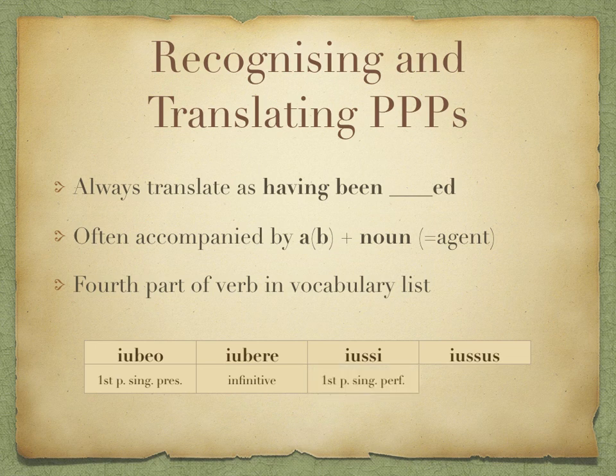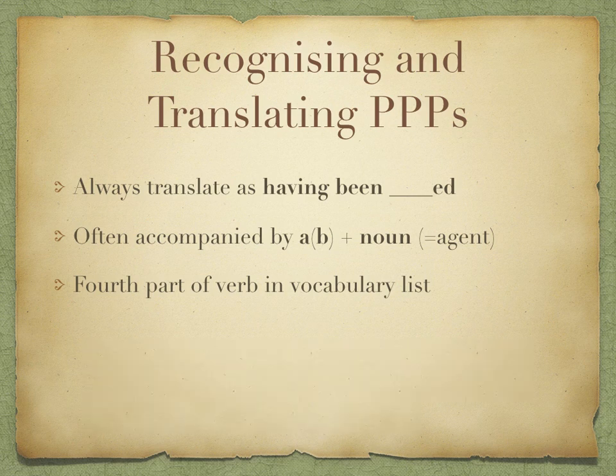The third part is always the first person singular perfect form: "ordered," "I ordered." And then finally, iussus is the PPP, "having been ordered." So any Latin verb given in a dictionary that has these four parts, you'll be able to translate just like this, replacing "order" with the meaning of the verb as it's given to you. Not all of them have four parts, but a lot of them do.